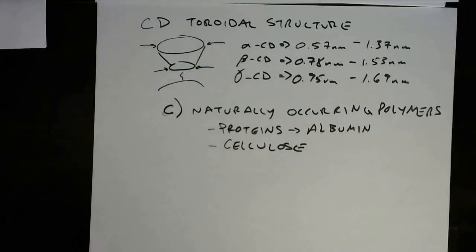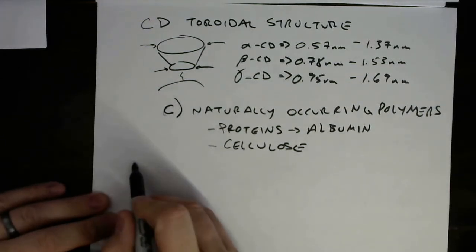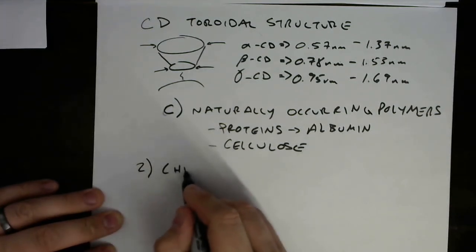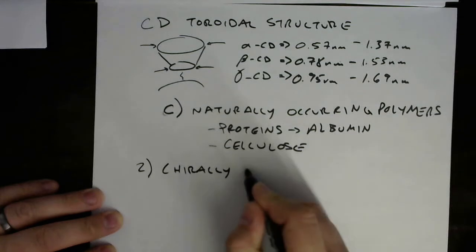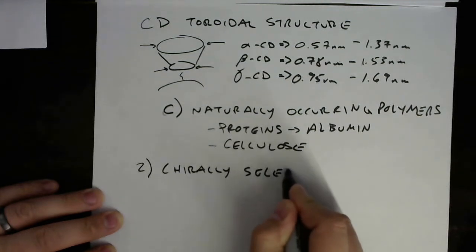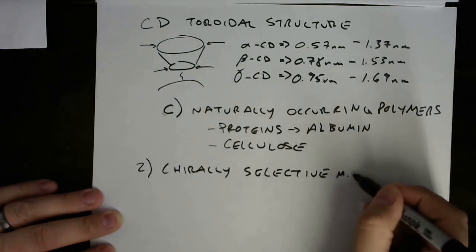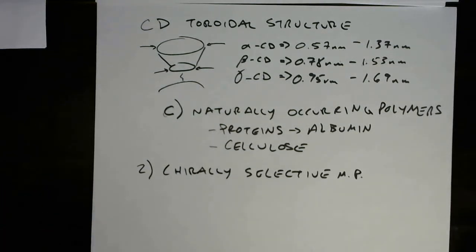The second approach to doing this would be a chirally selective mobile phase, right? If we can do it in the stationary phase, we can do it in the mobile phase. The idea of making the mobile phase an environment that preferentially binds or prefers one of an enantiomeric pair.